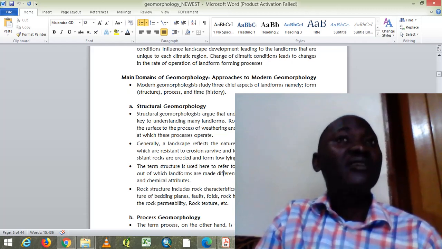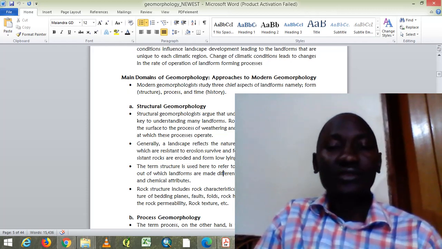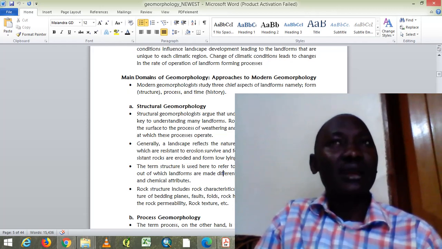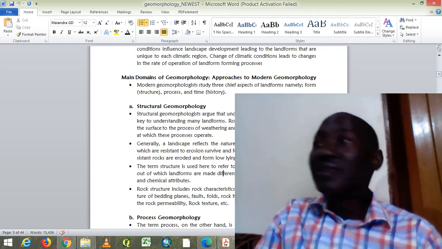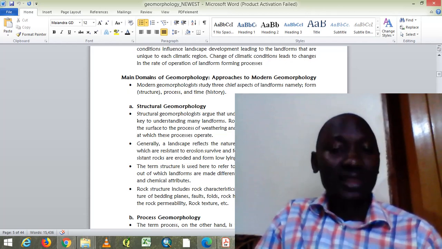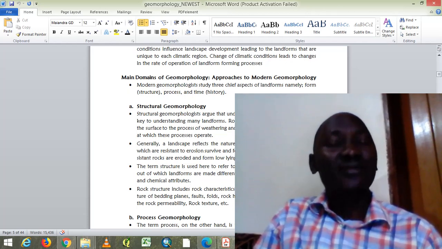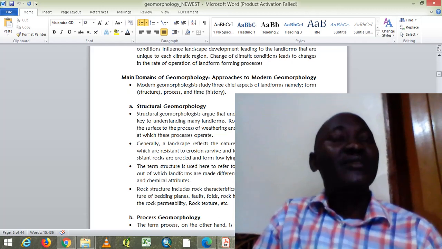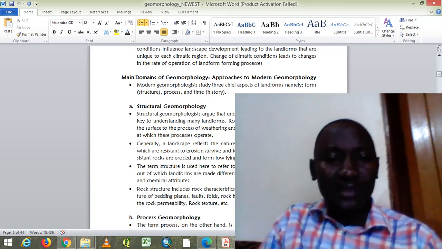That's why we have inselbergs in these areas of northern plains of Uganda. These are plains, and when you talk about an inselberg, an isolated hill within an area of larger mountainous terrain, it implies that that inselberg has a certain degree of resistance as far as erosion is concerned.